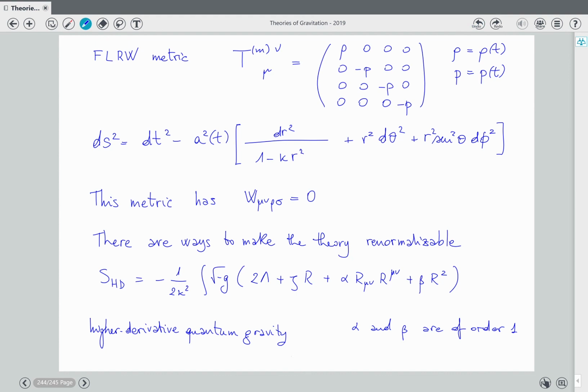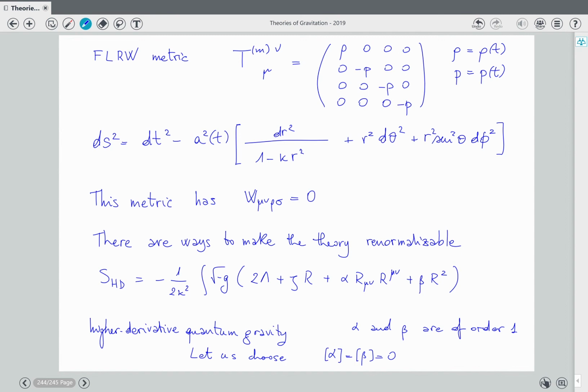There is one constant that is redundant here because I like it. So there is a kappa, there is lambda, zeta, alpha, and beta. So if I want, I can get rid of one of them because I introduced one more. So let's say the dimensions of alpha and beta we can choose to be 0.